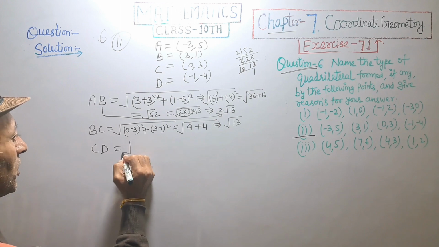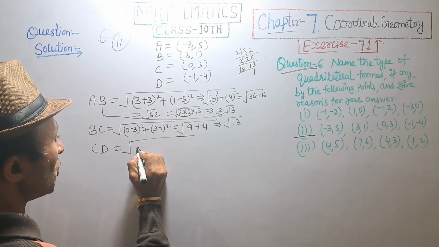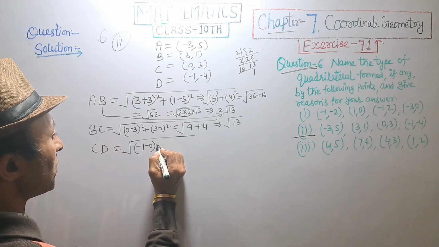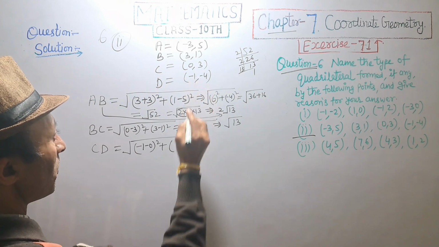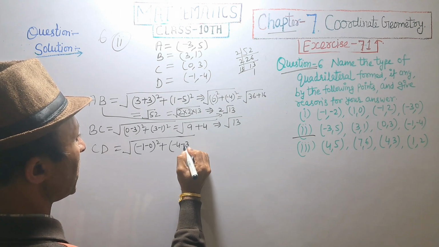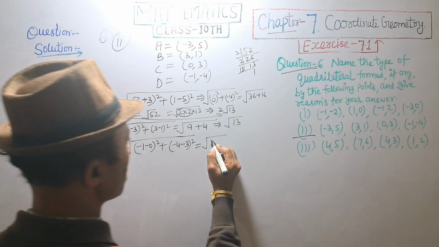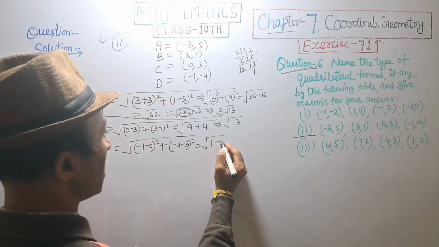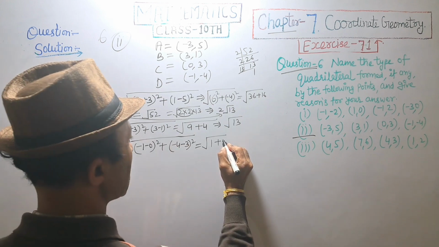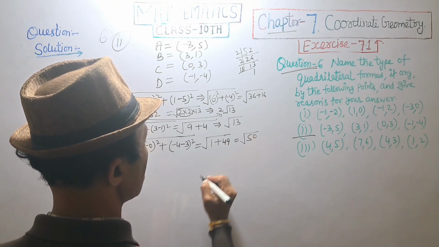CD by the distance formula is (x2 minus x1) square, minus 1 minus 0 square, plus (y2 minus y1) square, minus 4 minus 3 square. Minus 1 square is positive 1, and plus minus 7, 7 sevens are 49, so with the root it is root 50.